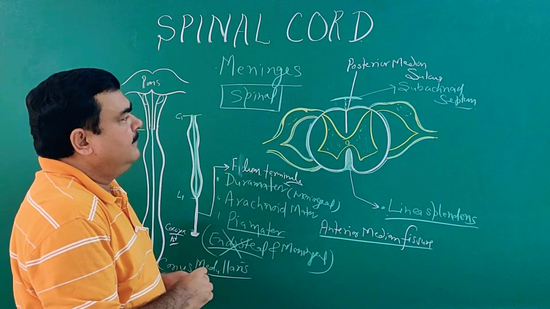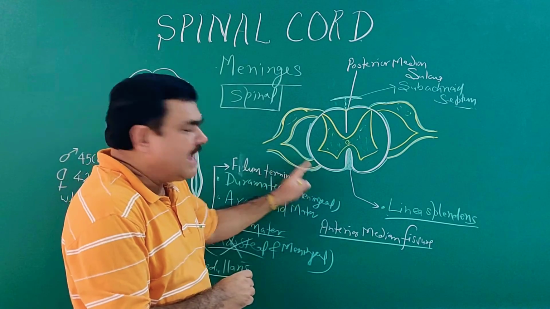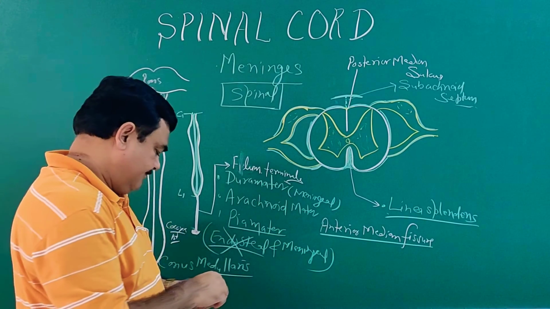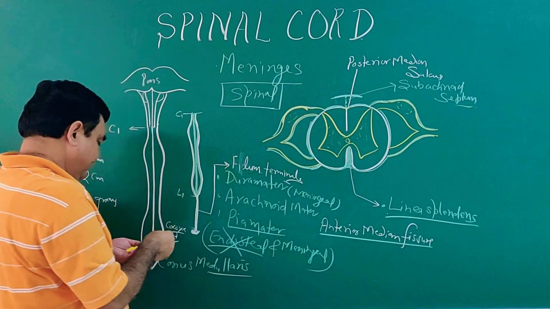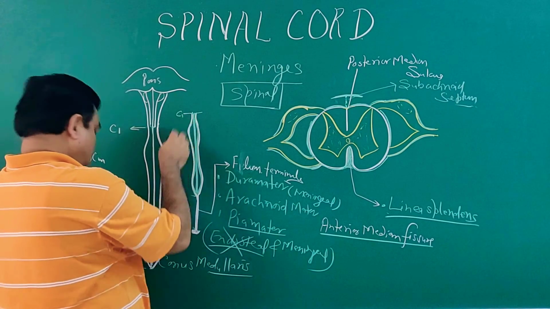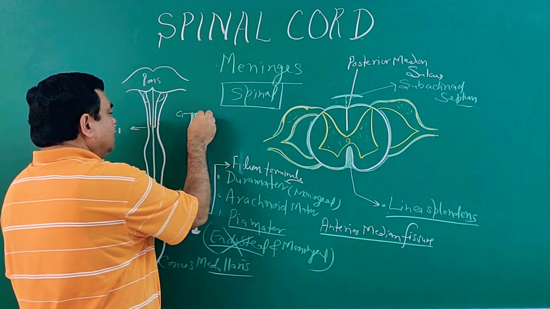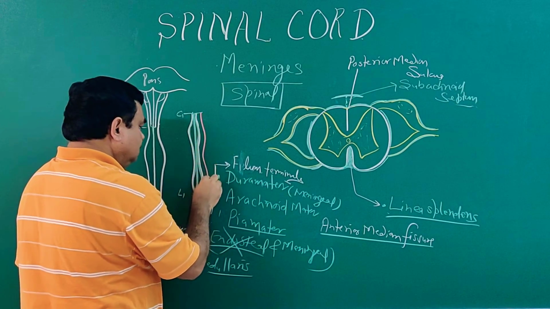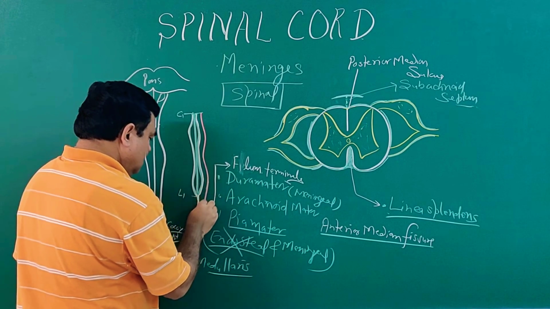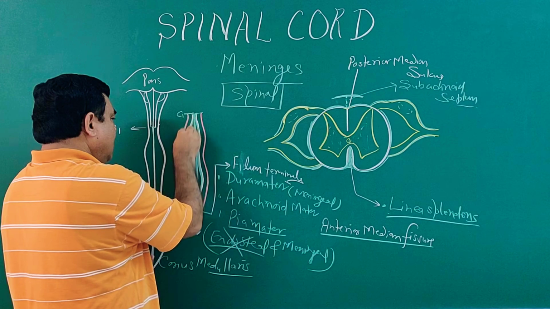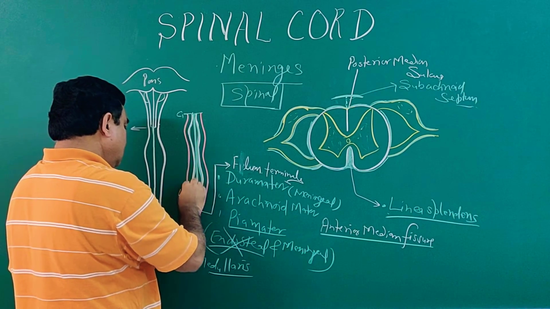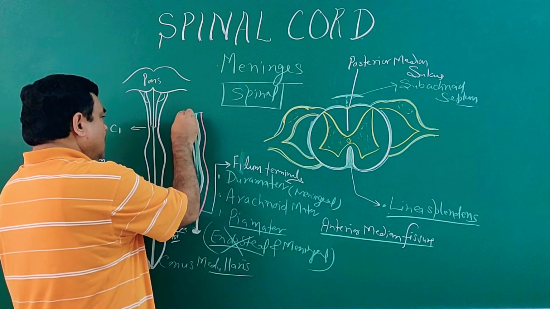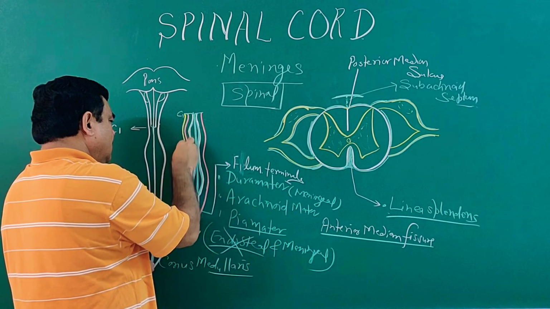And the fourth most important thing formed by the pia mater is the ligamentum denticulatum. Suppose this is the arachnoid, and here is the dura mater.